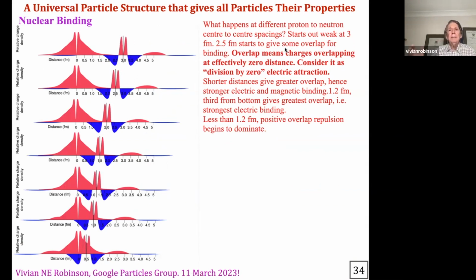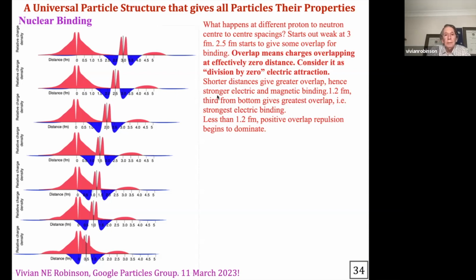Now, overlap means that charges, because they're rotating photons, are overlapping at essentially zero distance. You can consider this sort of binding division by zero electric attraction. After all, plus 0.1 E overlapping at minus 0.1 E at 0.1 FM has the same force as a plus E overlapping a minus E, or close to a minus E, separated by 1 FM. So it is a strong force.